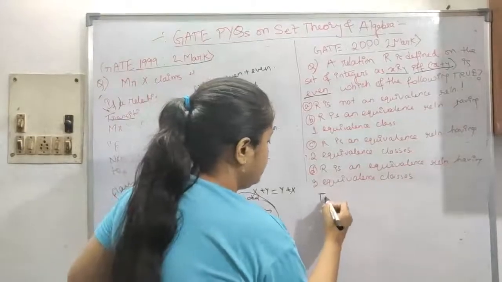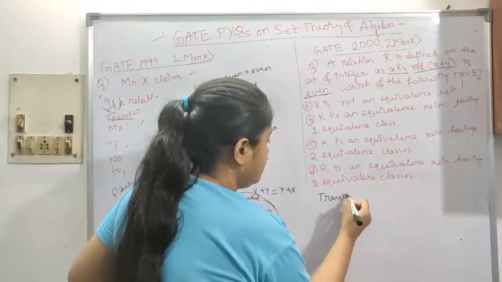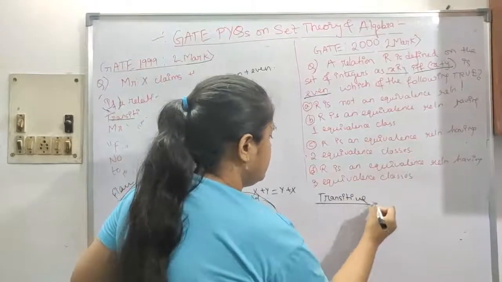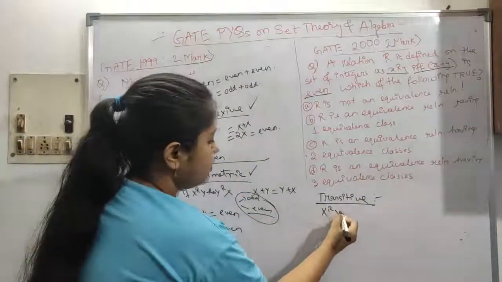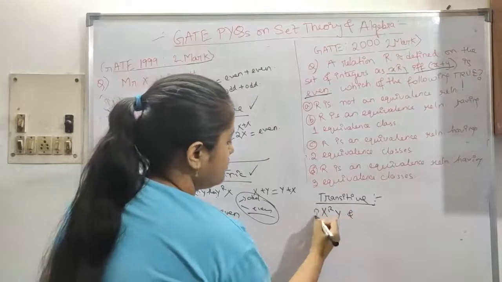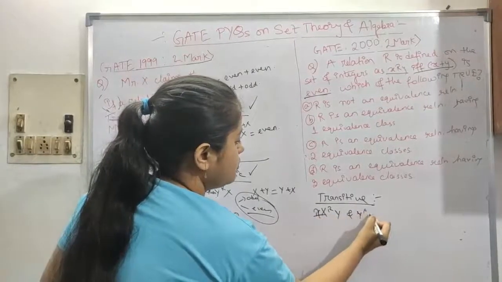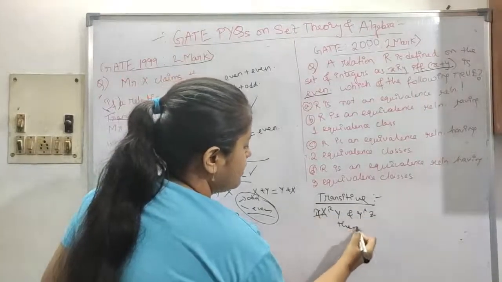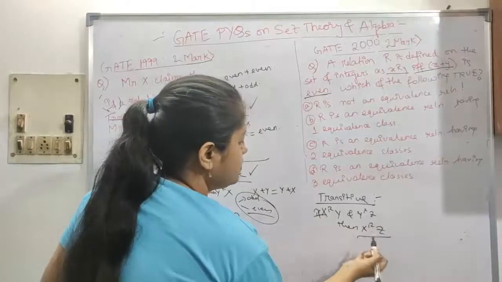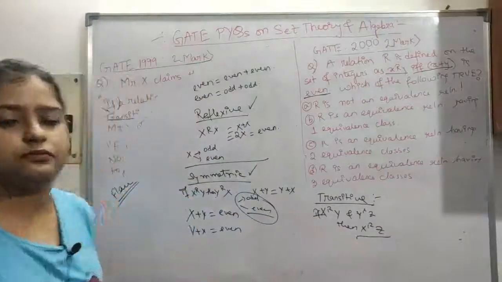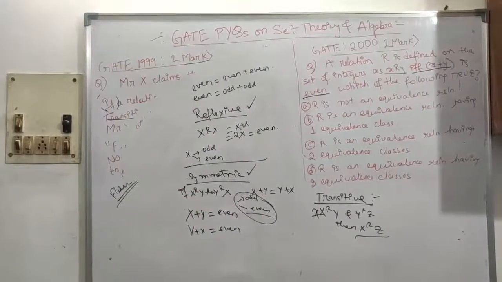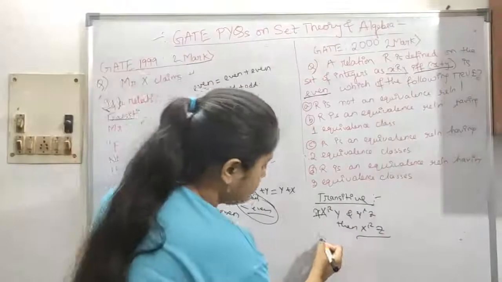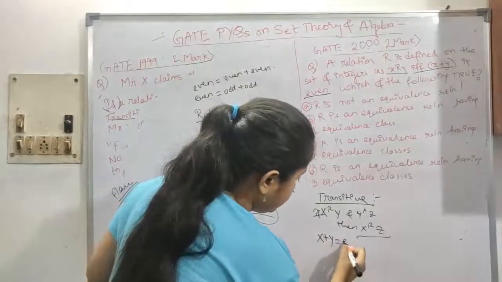Okay, so next is transitive. We have to find out whether this is transitive or not. Transitive means x is related to y, and if y is related to z, then x related to z has to be present. This is our basic transitive relation. So now it is given that x plus y is even.